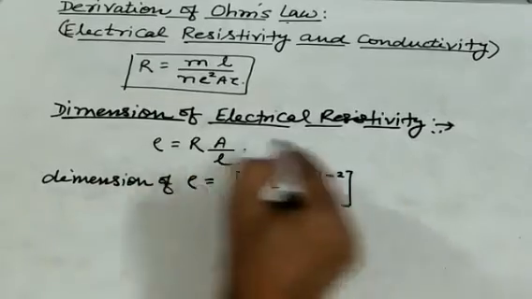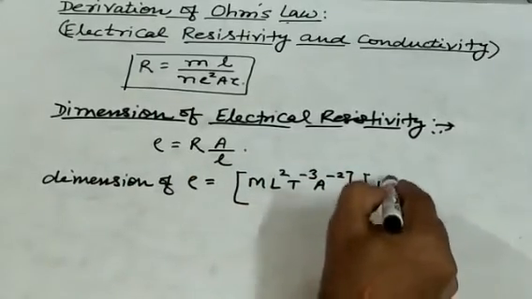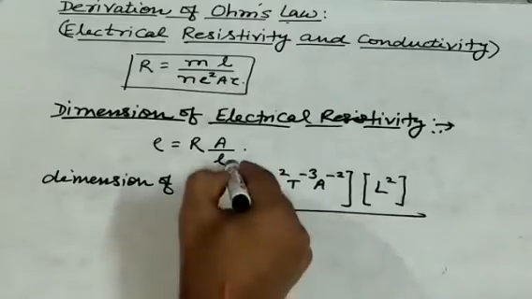This is the dimension of resistance. Area L square upon length.